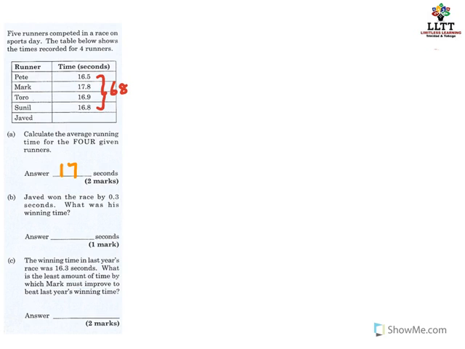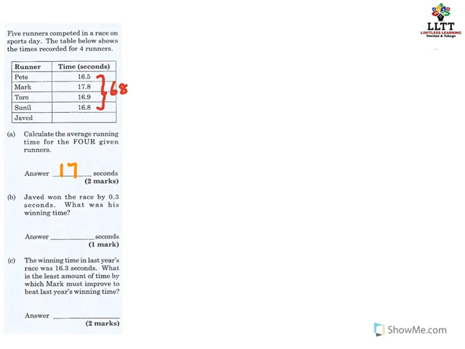So he won the race. If he won the race, that means he would have completed it in the shortest time. So that means that Javed's time has to be the least number out of these 4 numbers that were given, and he won it by 0.3 seconds.